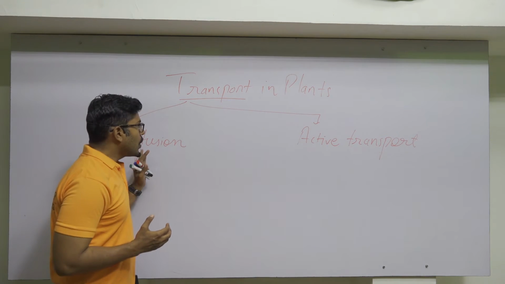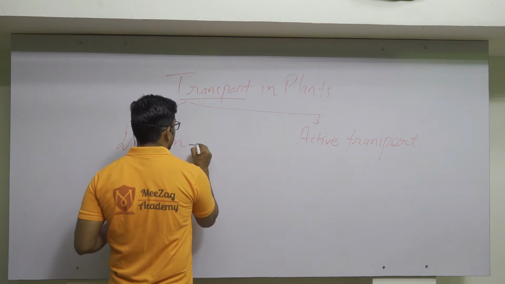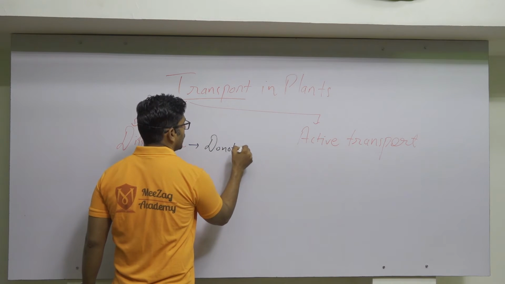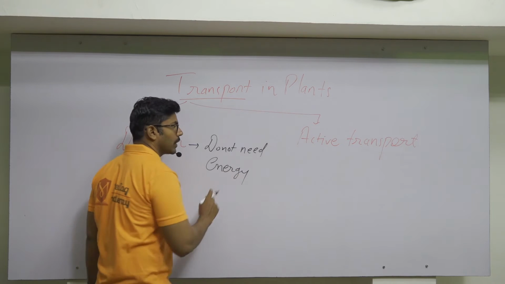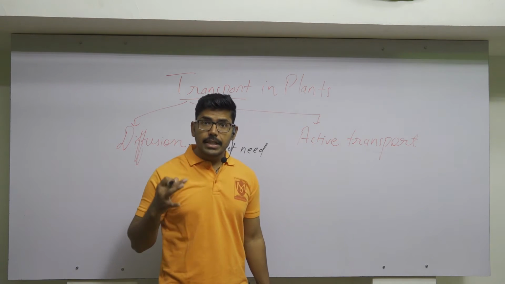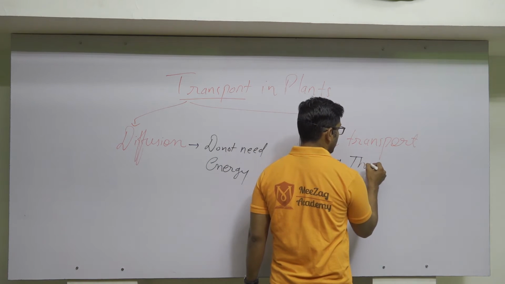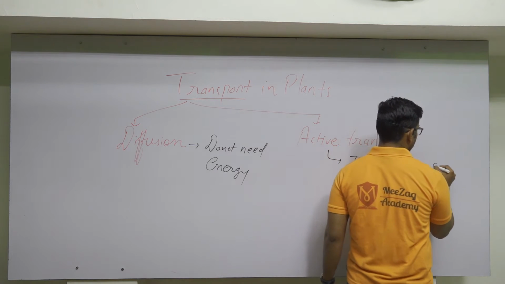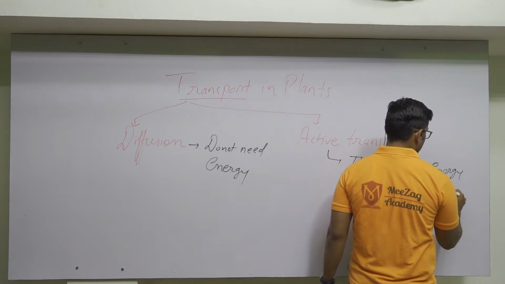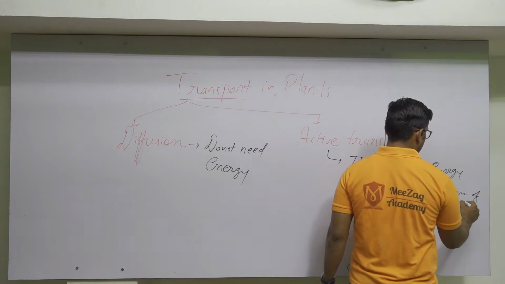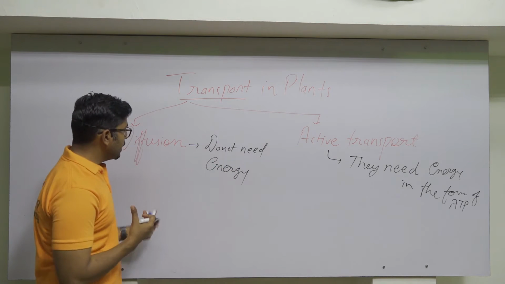The main difference between diffusion and active transport is that diffusion does not need energy, whereas active transport needs energy in the form of ATP. Why does diffusion not need energy?